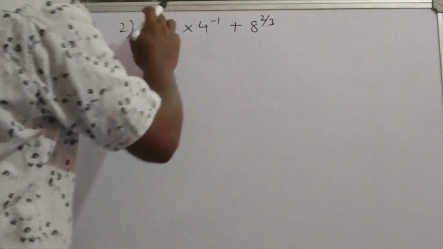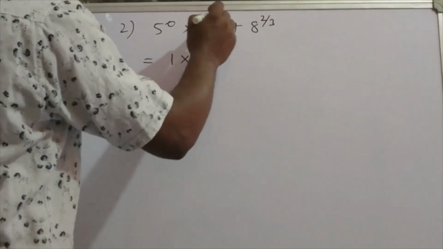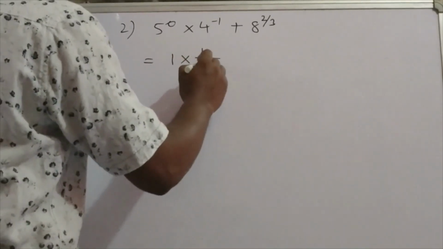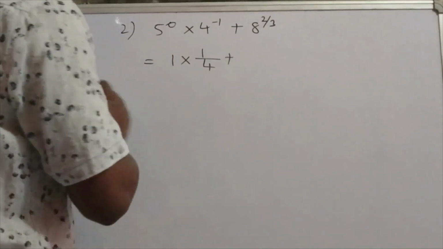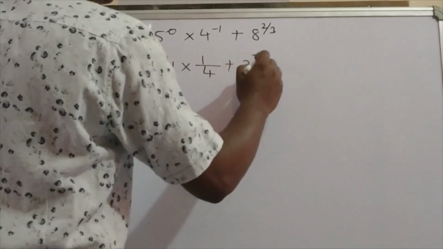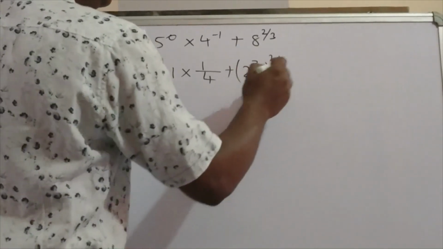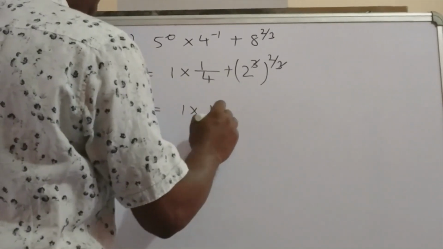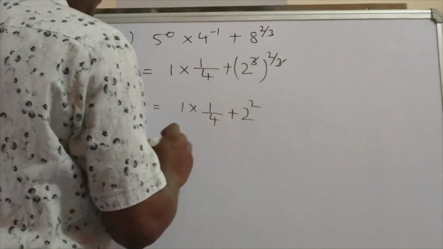You know power 0 means it becomes 1. So 1 into 4 to the power minus 1. Power is negative, so it will be reciprocal, 1 by 4, plus 8. In the power form we can write 2 to the power 3, to the power 2 by 3. So the 3s cancel. So 1 into 1 by 4 plus 2 to the power 2.